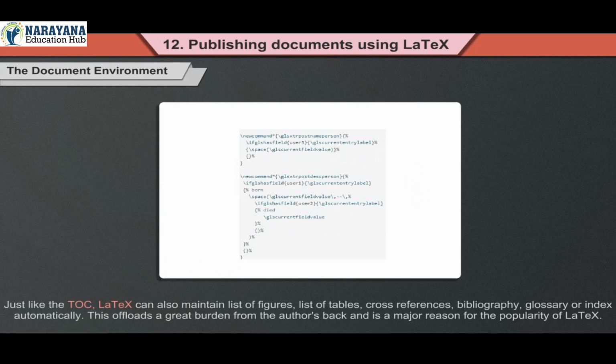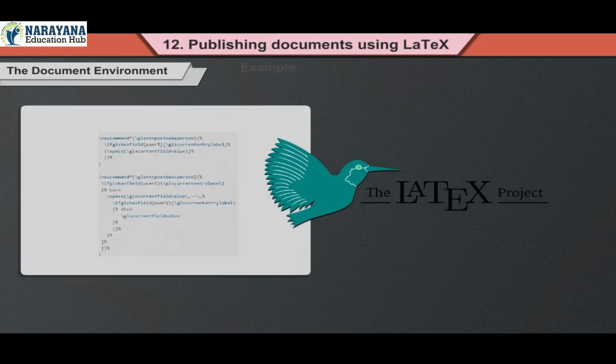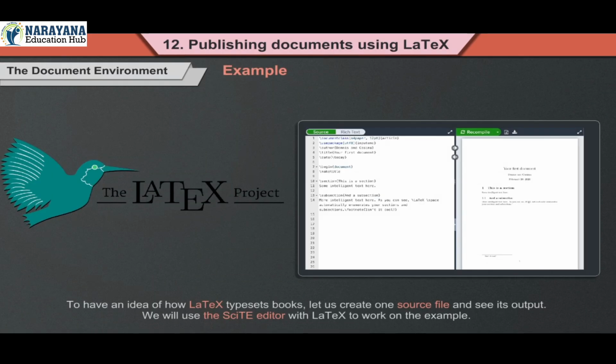Just like the TOC, LaTeX can also maintain list of figures, list of tables, cross-references, bibliography, glossary or index automatically. This offloads a great burden from the author's back and is a major reason for the popularity of LaTeX.